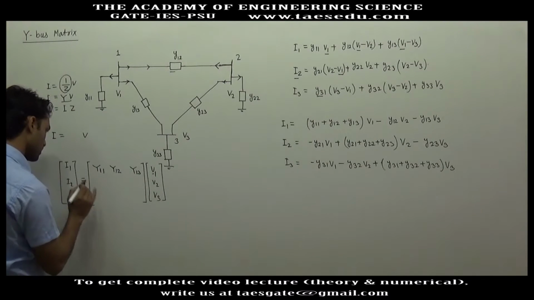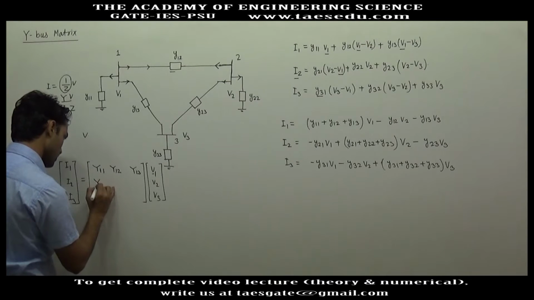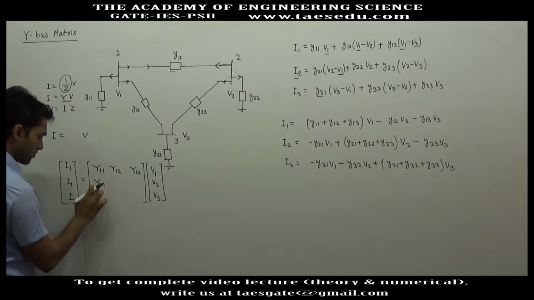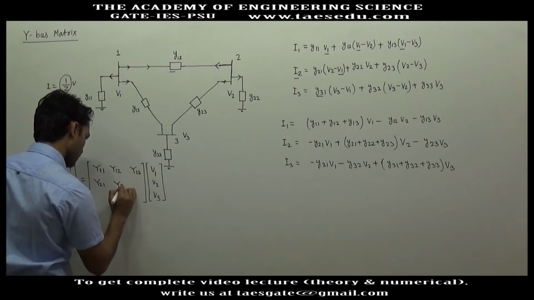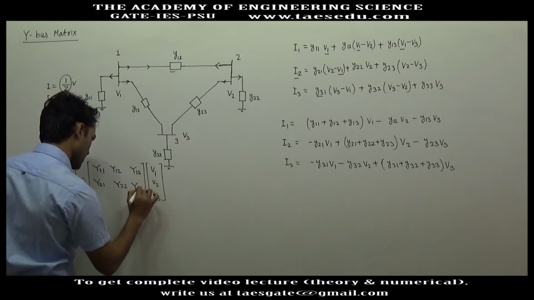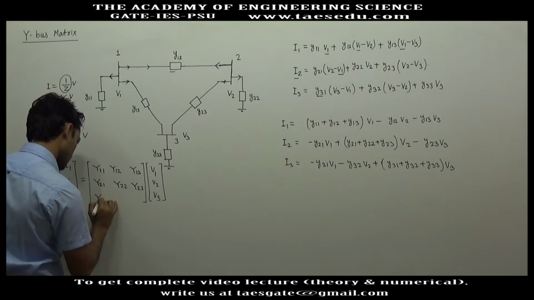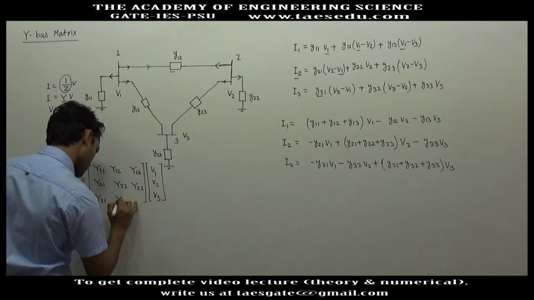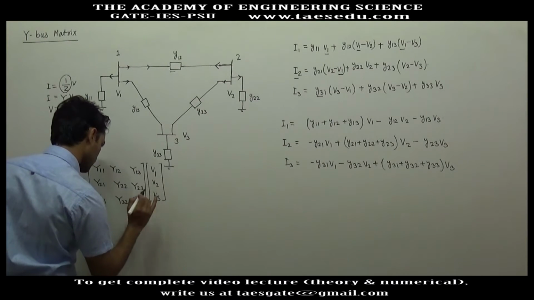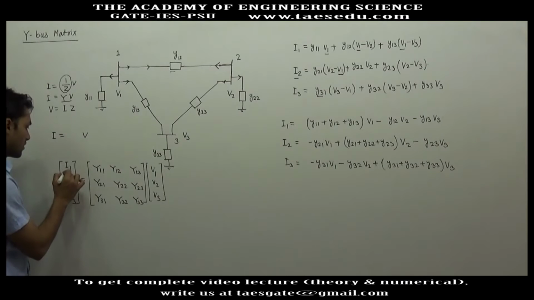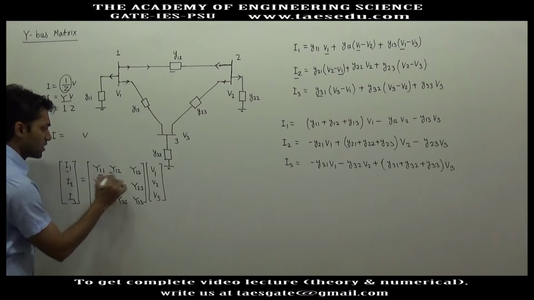For I2, here we will have Y21, which means I2 will be Y21 into V1, then Y22, Y23, and for I3, Y31, Y32 and Y33. Okay, so I1 equals Y11 into V1 and so on.